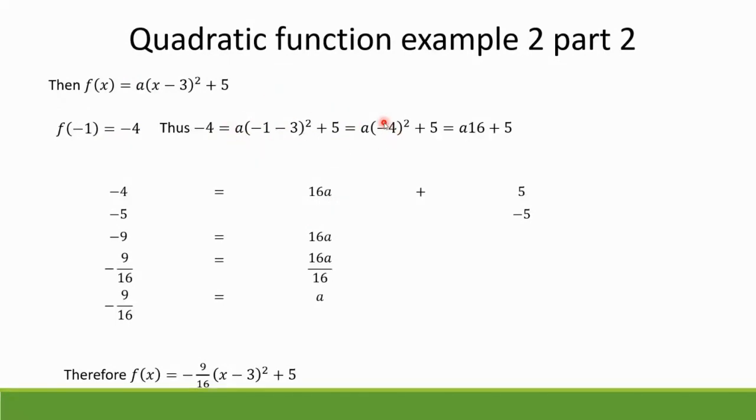We get a times (-4) squared plus 5, which is a times 16 plus 5. Here I wrote 16a, but if you left it as a times 16, that's fine. So we have -4 equals 16 times a plus 5. Okay, we solve for a, right? That's what we're looking for. So we subtract 5 from both sides, get -9 equals 16a.